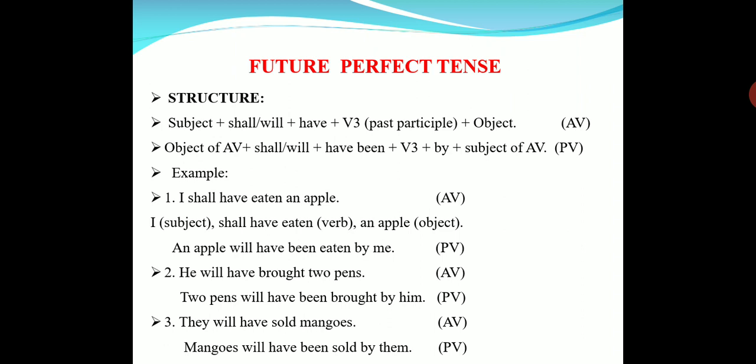The next one is object becomes subject. The next one is suitable be form should be added. And fourth one is the V3 form should be added. Next we have to add by after the V3 or past participle form. And the 6th rule is the subject becomes object. This is about changing active voice to passive voice.